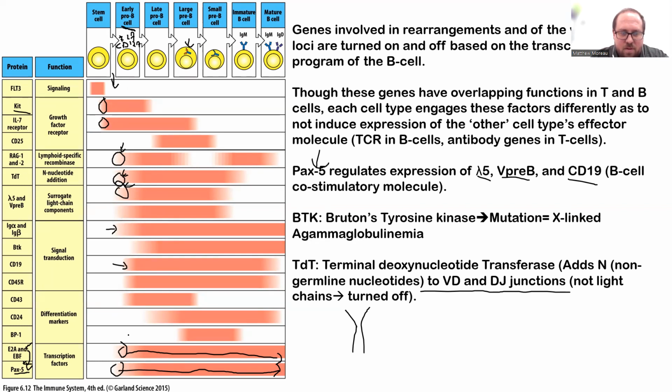All of these normal things are starting at the same time, and they all are expressed throughout the life of the B cell, except for CD43, which is a differentiation marker, and then BP1, which will become important later as a differentiating B cell specific gene.